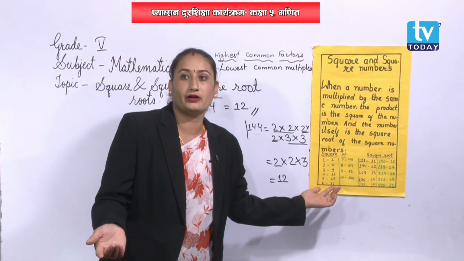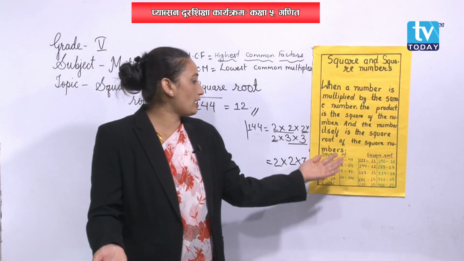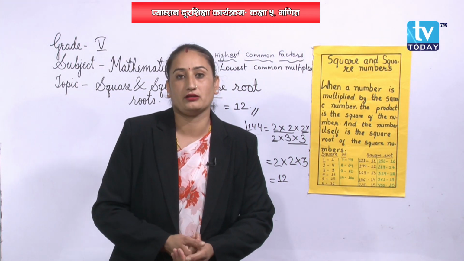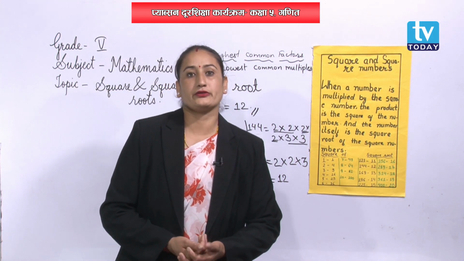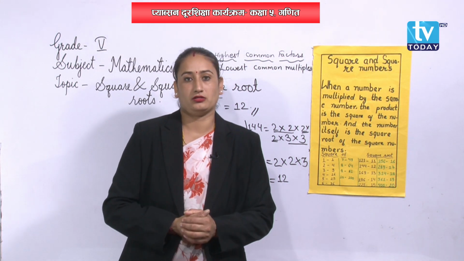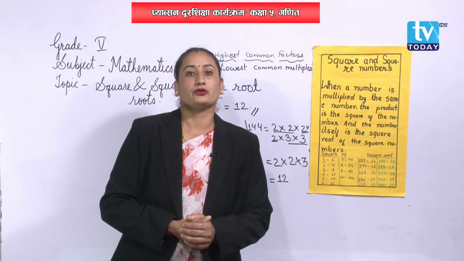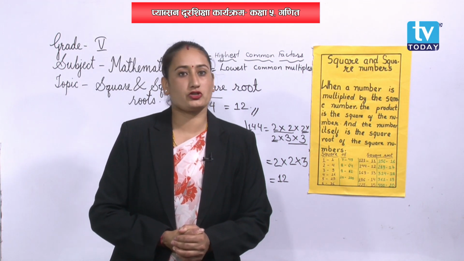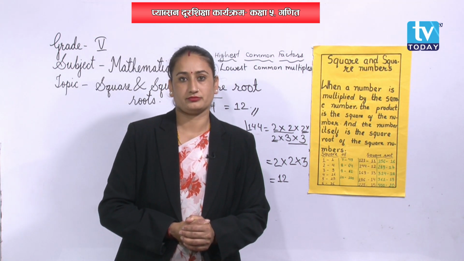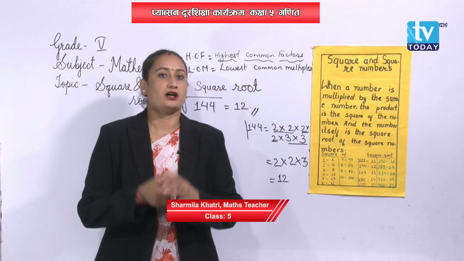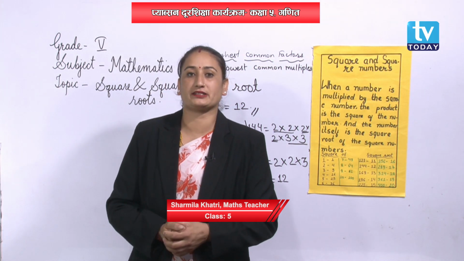So, from here we have found the squares of 1 to 20 and the square roots as well. I hope you understand all this. This is today's topic, and you have to practice a lot at your home as well. After practicing, you will get good marks. You will be perfect in your maths.